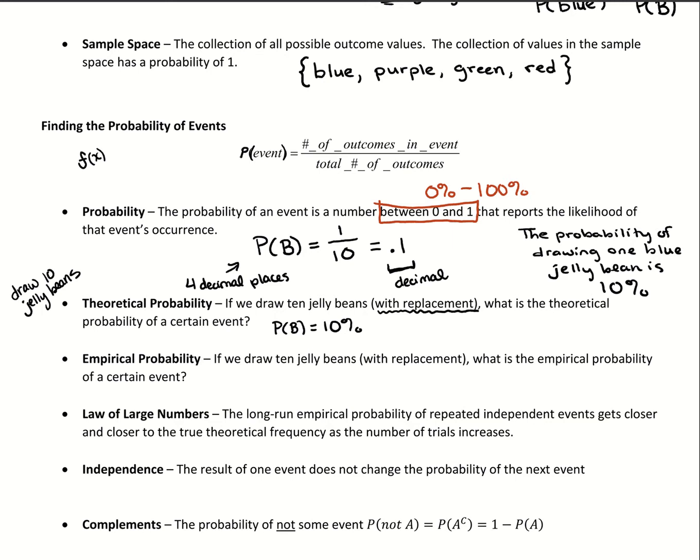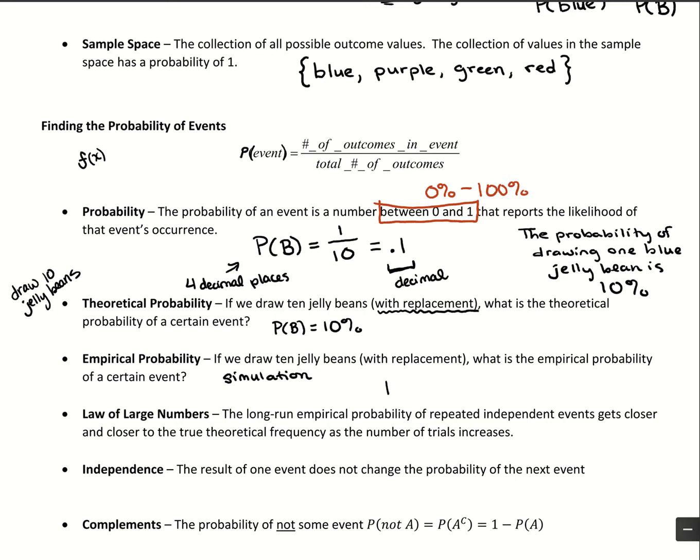If we actually ran the experiment, what will we see come through? To find empirical probability, we'd have to actually simulate this experiment. We would need a simulation. And what I would do is say I got some jelly beans, put them in a bag, and I draw 10 jelly beans. And I get these 10 different colors out.